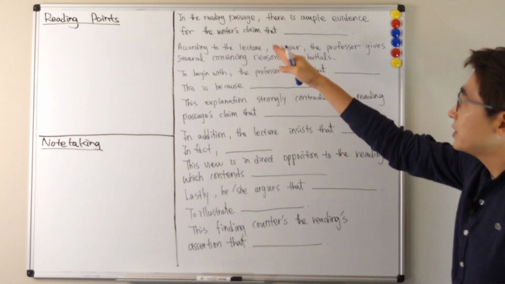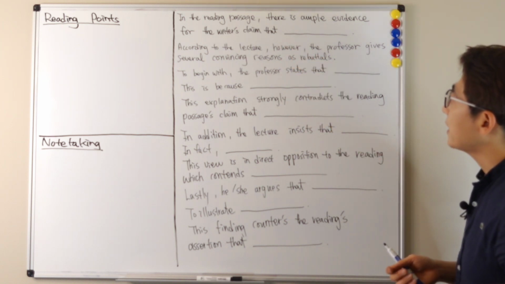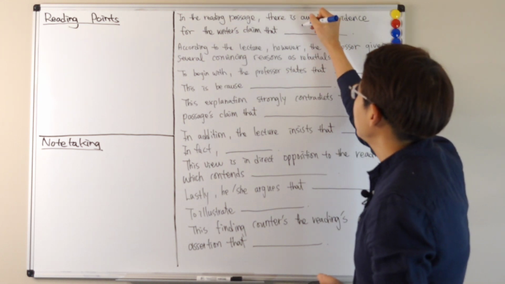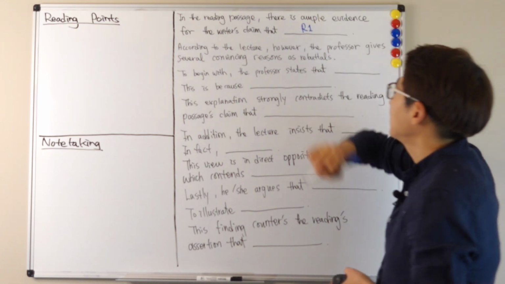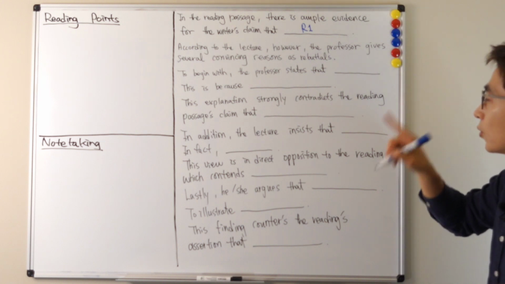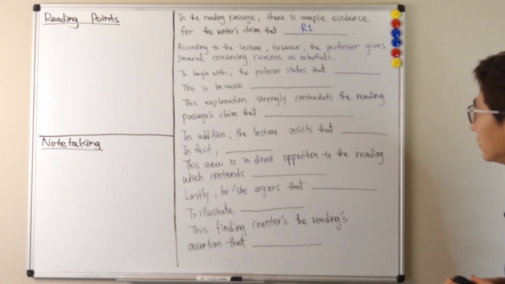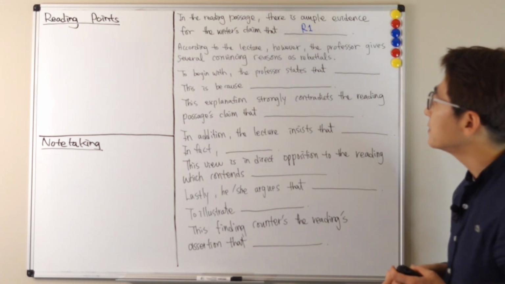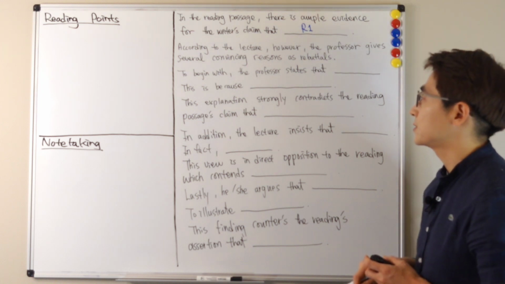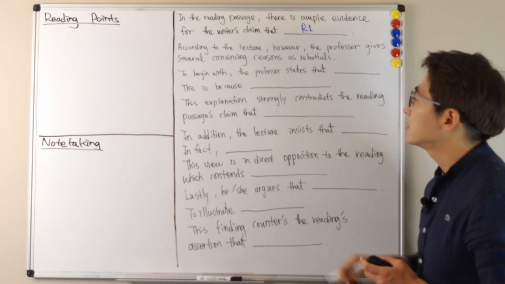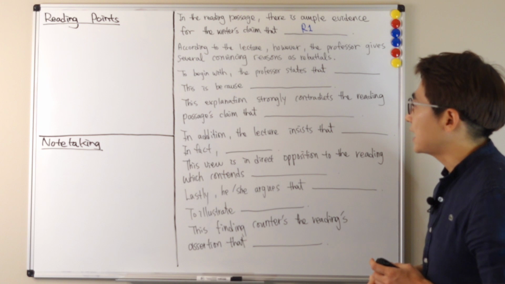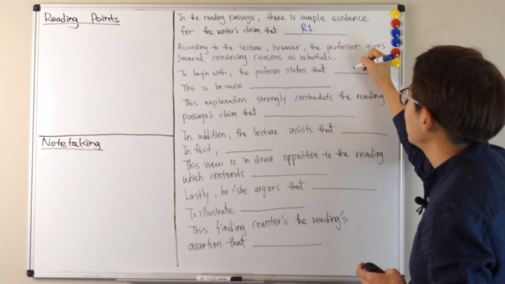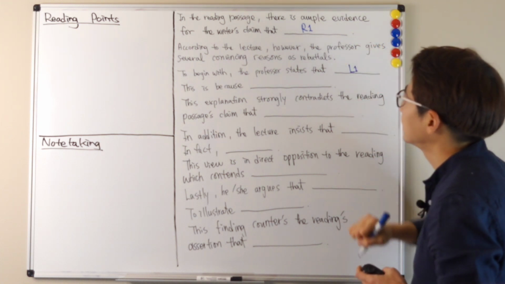In the reading passage, there is ample evidence for the writer's claim that, and here we put R1. I'll explain that later. According to the lecture, however, the professor gives several convincing reasons as rebuttals. To begin with, the professor states that here we do L1.